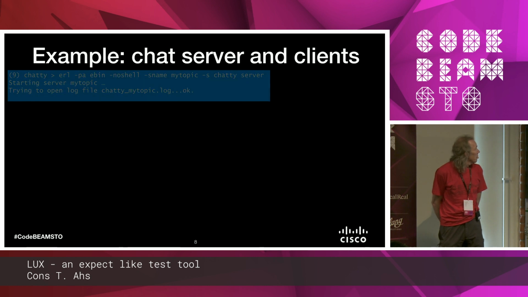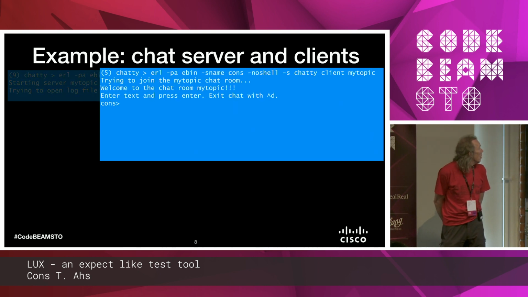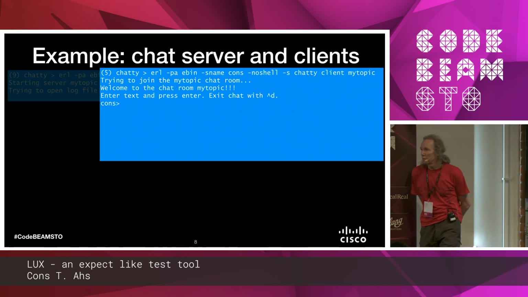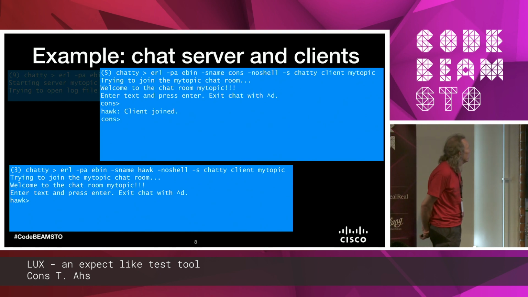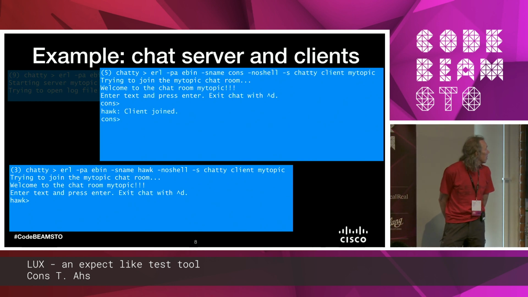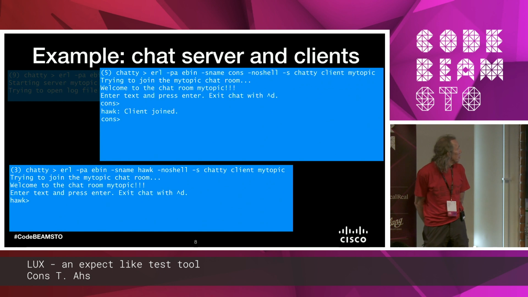And then we start a client. And well, alone there's not too much to do, so we start another client. And the first client sees that the second client has joined.